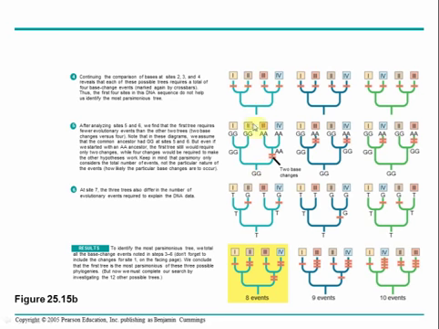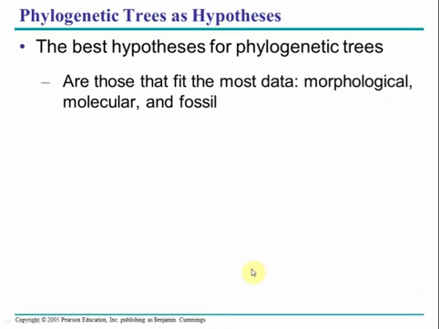And based on all these numbers of changes that must occur, we find that this tree is the most likely, or has the greatest likelihood. You can see based on the orange lines here, and compare that to these, you notice this is the most likely, the fewest number of changes, essentially.